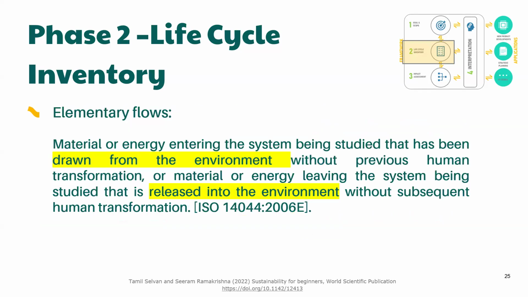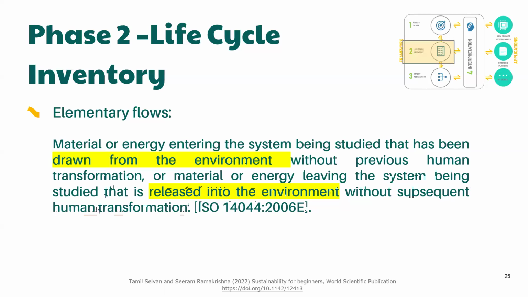So the definition of elementary flows is given here. Elementary flows are the combination of input and output flows. Input flows consist of materials or energy that are taken from the environment, while output flows are the materials or energy that are released back into the environment.